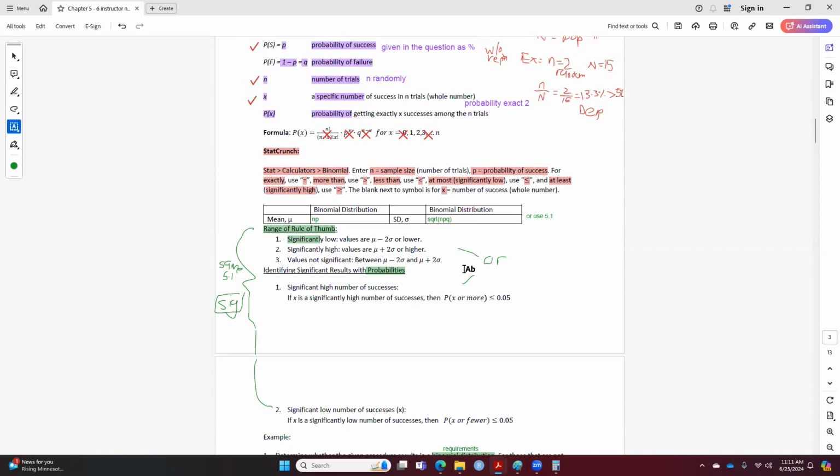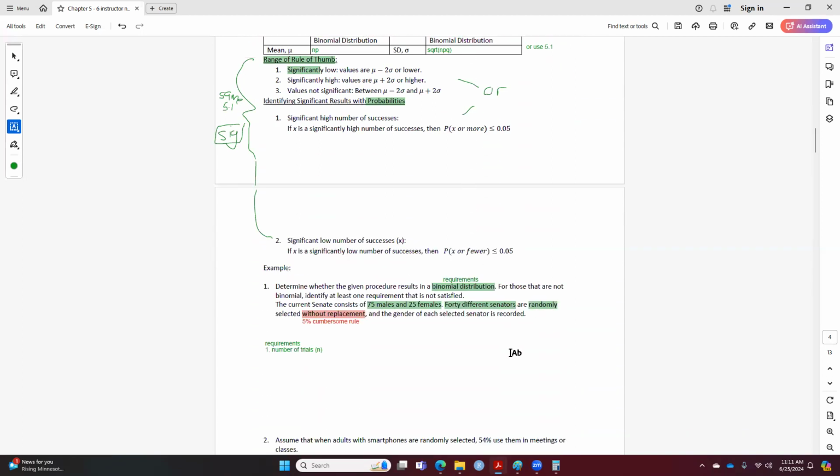If you look at this question, what is my little n, the number of trials? Where is the word randomly and what is the number?